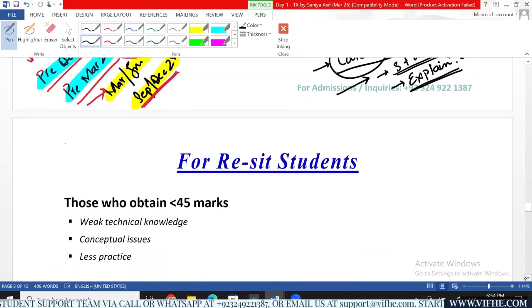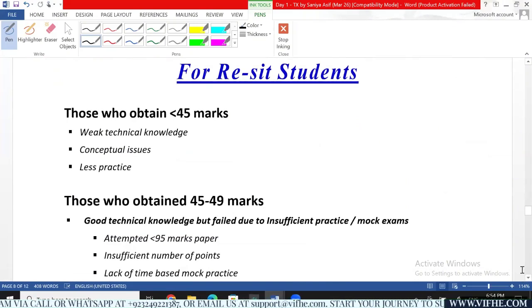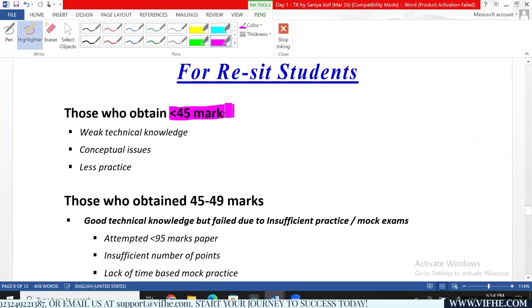And specifically for those students who have unfortunately not been able to make it before, if their score was less than 45 marks, then there is a serious issue with their technical knowledge.